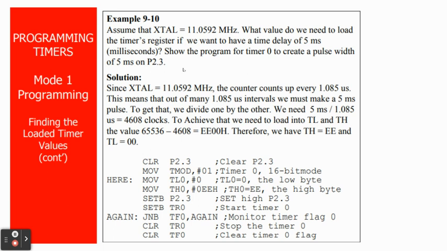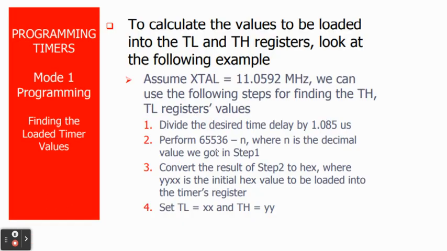Again, mode 1 for timer 0 will be using 1.085 microseconds if your crystal is 11.0592. So to get the TH and TL values as given in the formula here, we subtract from 65,536 the delay divided by 1.085.